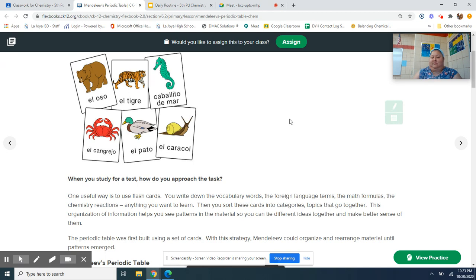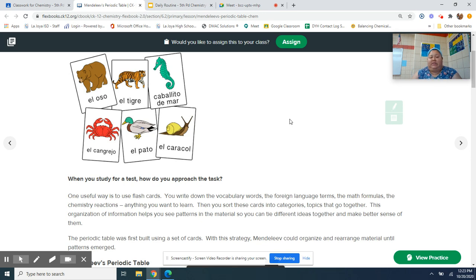This organization of uniform information helps you see patterns in the material so you can tie different ideas together and make better sense of them. The periodic table was first built using a set of cards. With this strategy, Mendeleev could organize and rearrange material until patterns emerged. All right. Thank you, Alexia.